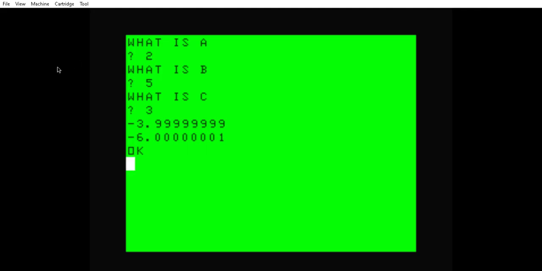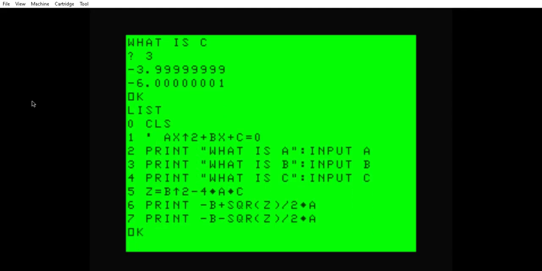2x squared plus 5x plus 3. Let's see what's going wrong here. I don't know. B squared minus 4 times a times c.